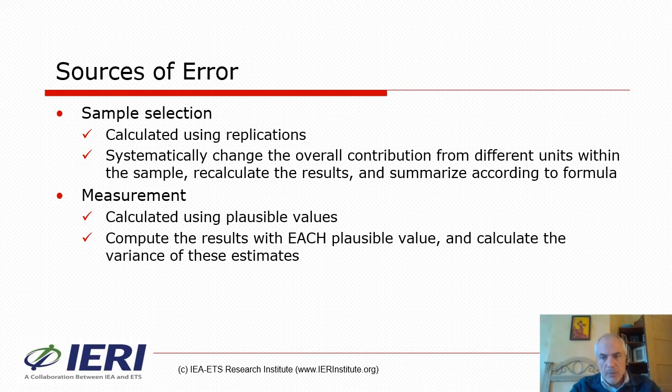In the case of TIMSS, we use the jackknife 2 procedure, which was described in a separate video. When it comes to measurement, this is calculated using the plausible values. Here we compute the results with each plausible value and then calculate the variance of these estimates. In the end, we combine both portions of the error into a single statistic.